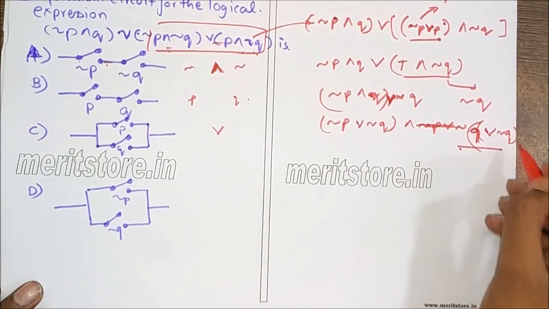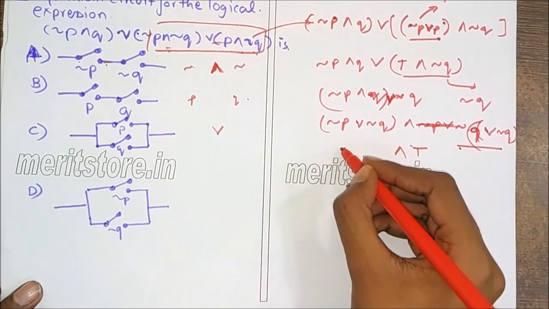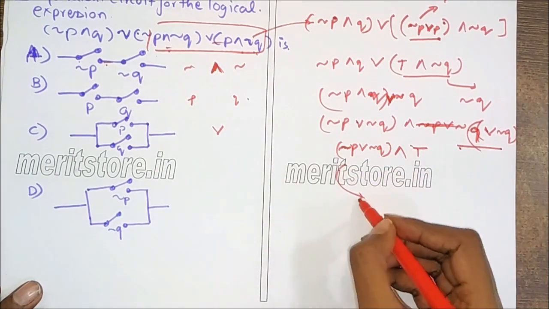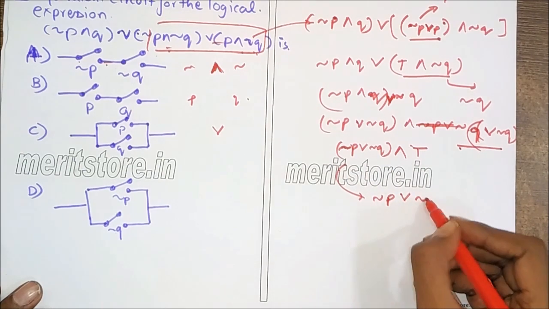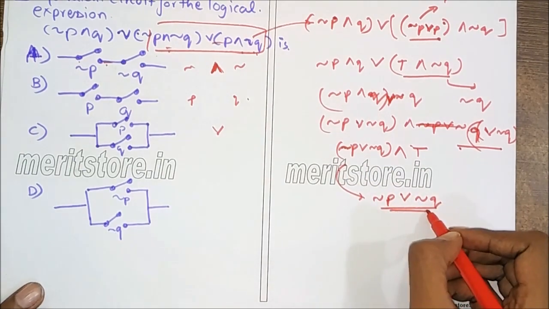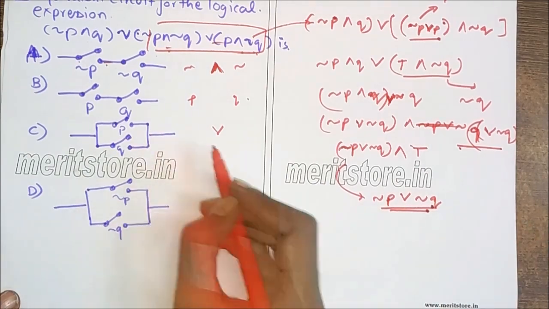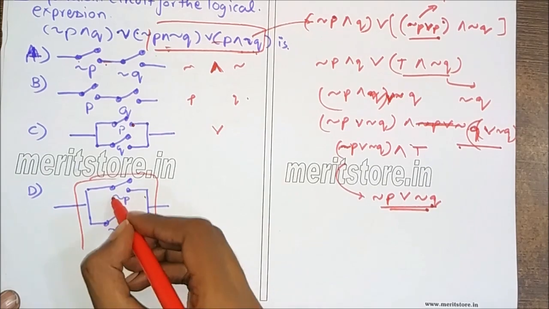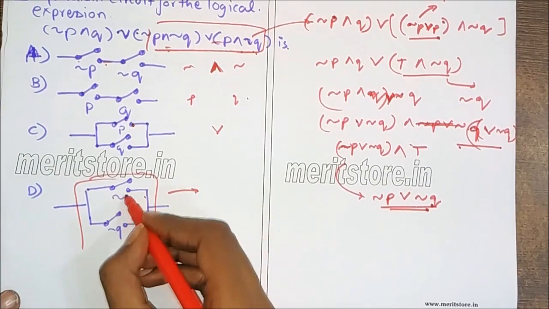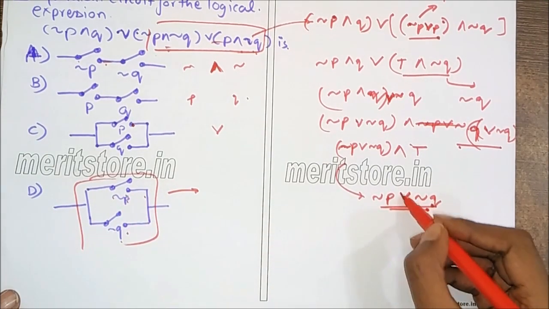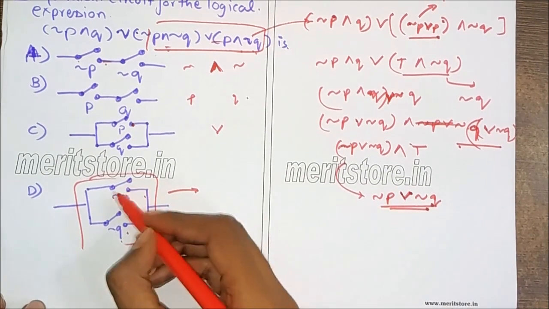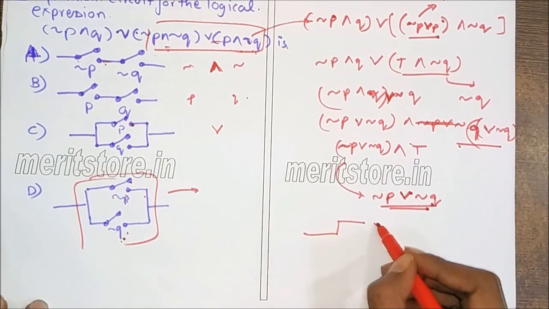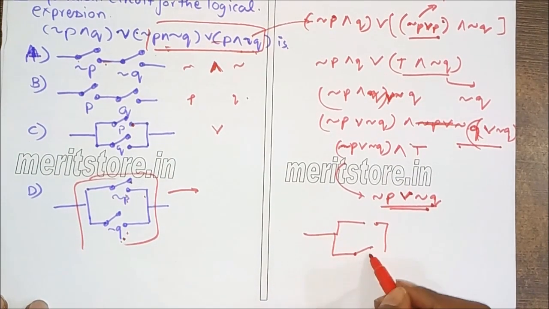So Q or negation Q is T. So this is negation P or negation Q, which is the same as negation of P or negation of Q. So the circuit equivalent of this is this one. Negation P is an open circuit, so this is in parallel, which is an OR statement, with negation P and negation Q. So the equivalent circuit is this one, which is option D.